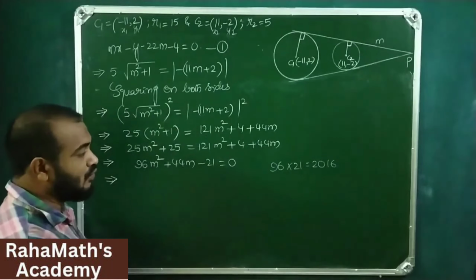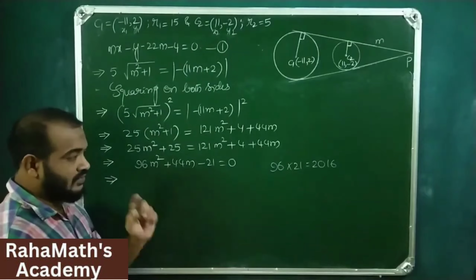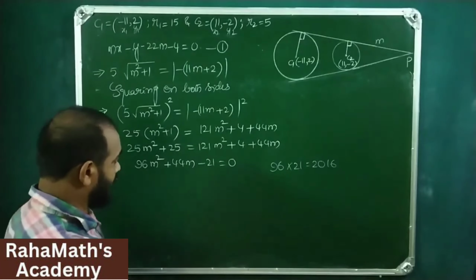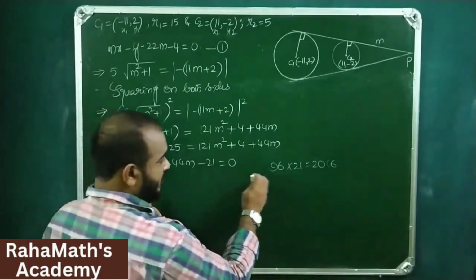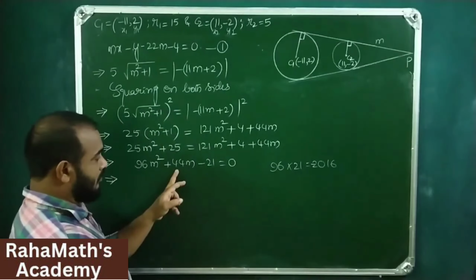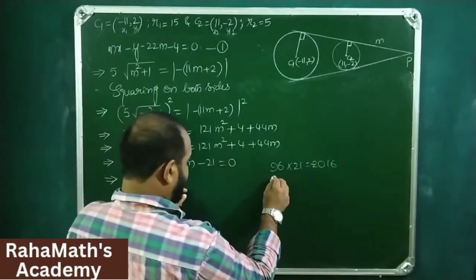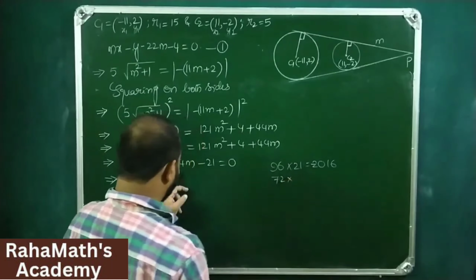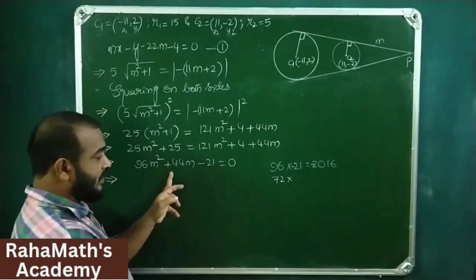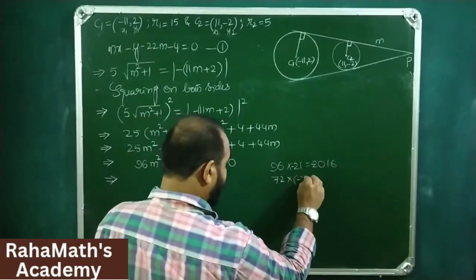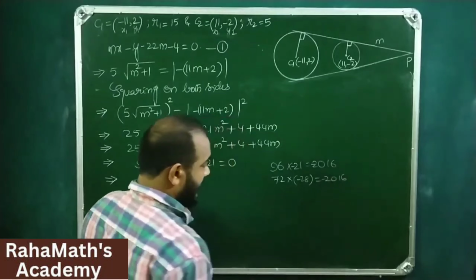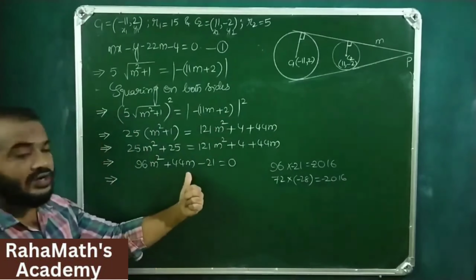So we have to find the factors. Let us do the factorization. 96 into minus 21 is minus 2016. So 44 should come: plus 72 into minus 28 is also minus 2016, and 72 minus 28 is 44.